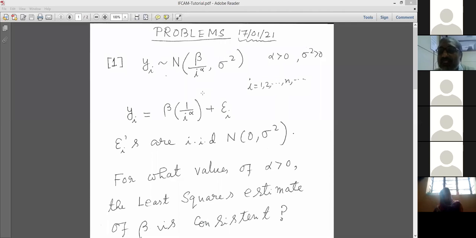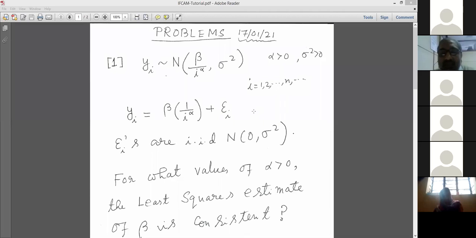Remember, there is no intercept term. So xi is 1 by i to the power alpha, and it's like a regression model yi equal to beta xi plus epsilon i. Somebody wanted to say something?